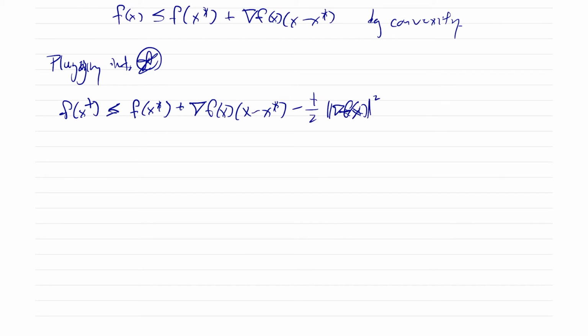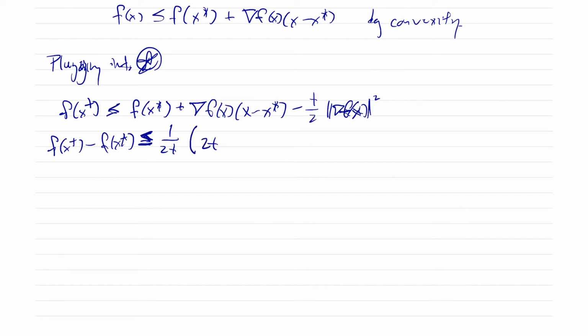Okay, so now I can move over f of x star, and so we get f of x plus minus f of x star, and this is less than or equal to, let's see, if I pull out a 1 over 2t, then what I have left is this.